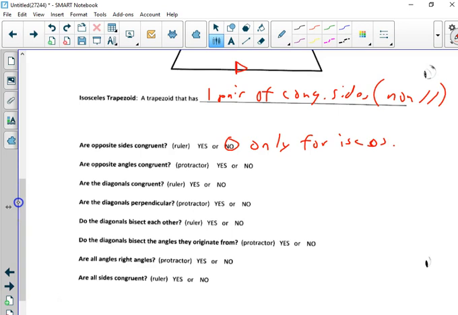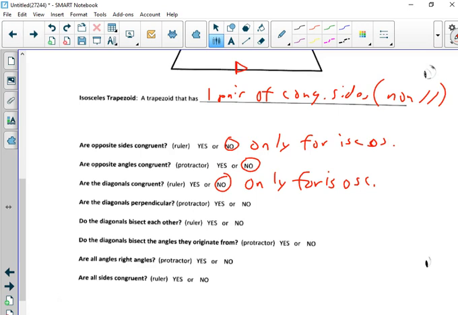Are opposite angles congruent? Are the diagonals congruent? Say no, again, only for the isosceles. So for a regular trapezoid, no, but if it's isosceles, yes.